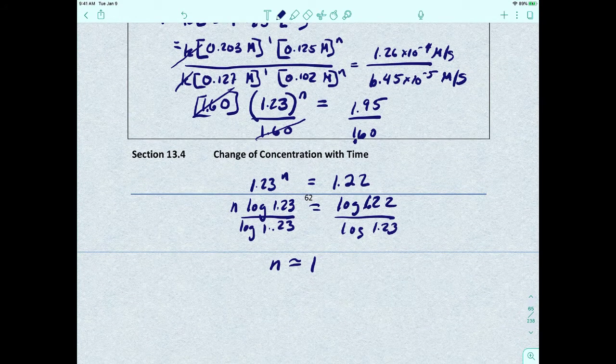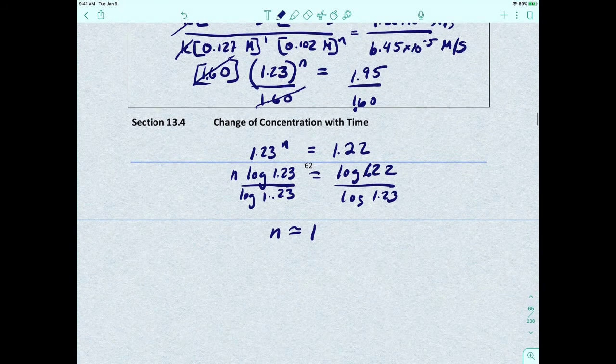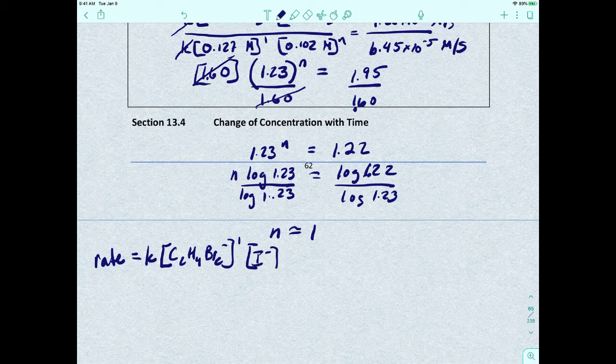Okay, so now we've got our exponents. So based on what we know, the rate law would be this: the rate is equal to the rate constant k times the concentration of C2H4Br2 raised to the first power times the concentration of I minus raised to the first power.